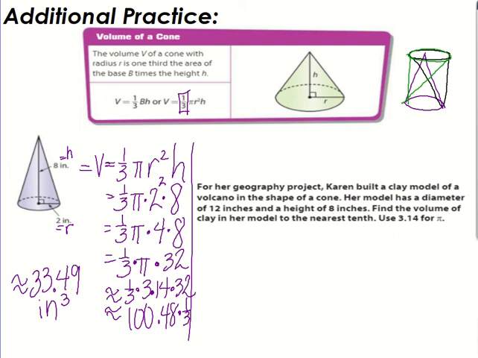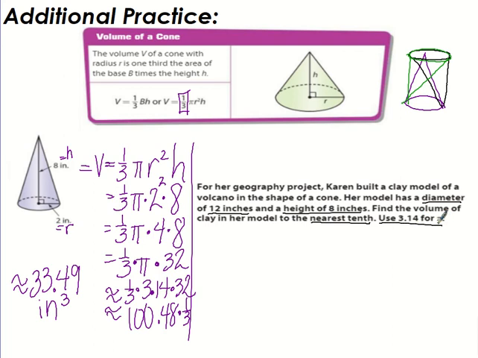Alrighty, so here is a geography project where Karen built a clay model of a volcano. Volcanoes are in the shape of a cone. Her model has a diameter of 12 inches and a height of 8 inches. Find the volume of clay in her model to the nearest tenth. And they do ask that you use 3.14.